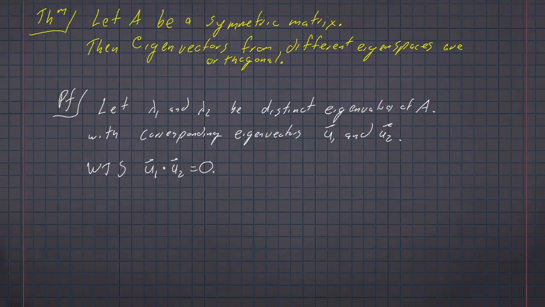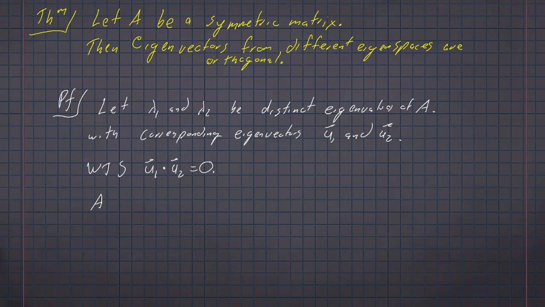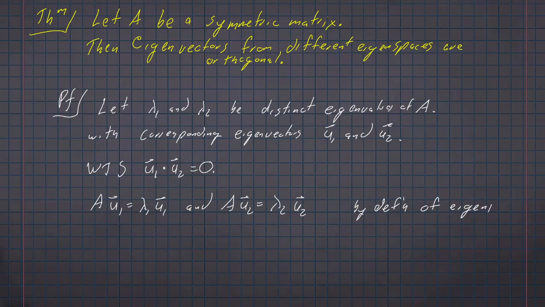And in order to do that, well, the only thing we know about U1 and U2 is that they are eigenvectors from matrix A. So A times U1 is equal to lambda 1 U1, and A times U2 is equal to lambda 2 U2, by the definition of an eigenvector.